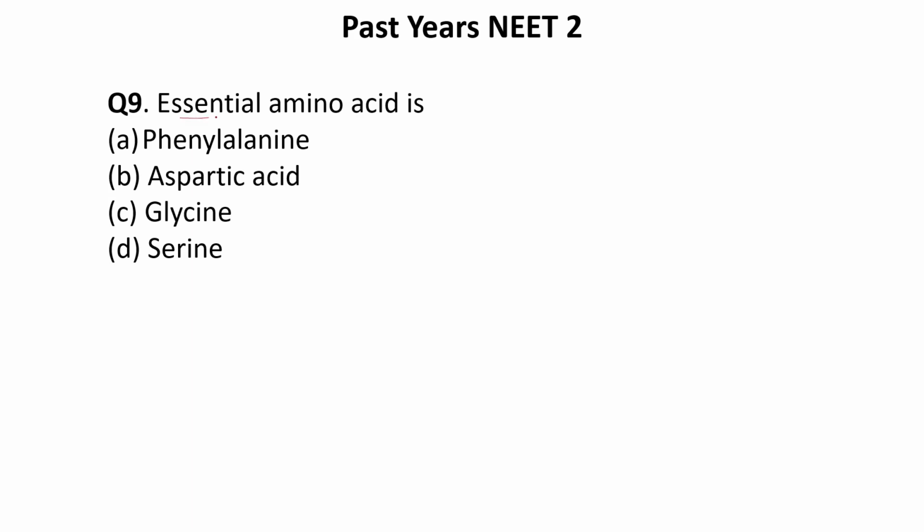Next question. Which of the following is the essential amino acid? So if you remember essential and non-essential amino acids, phenylalanine is the essential one. So we require it as a dietary component.